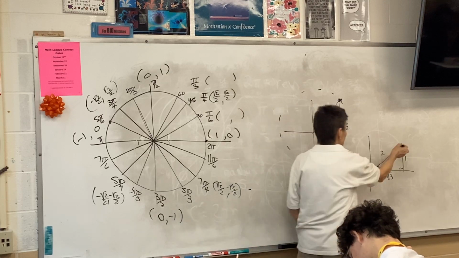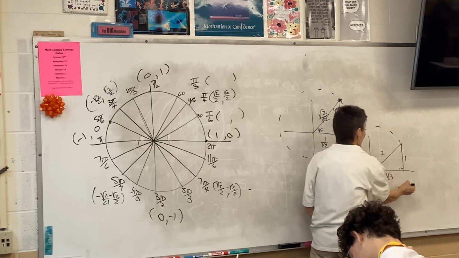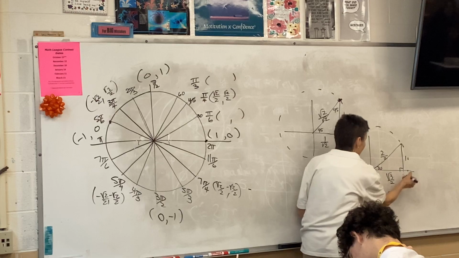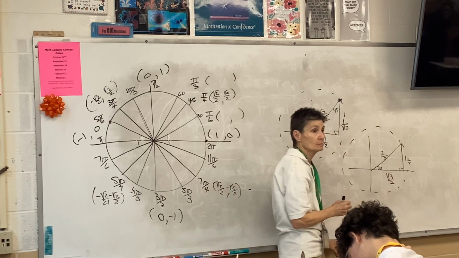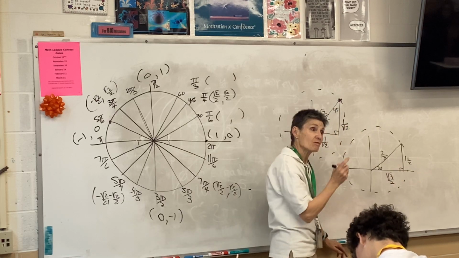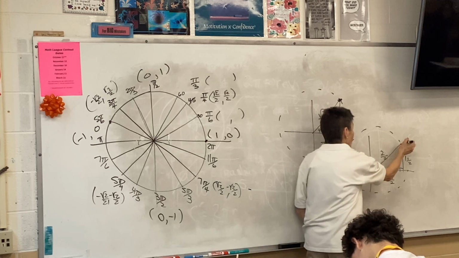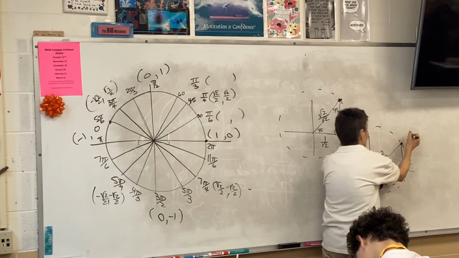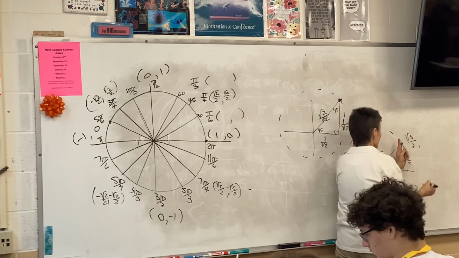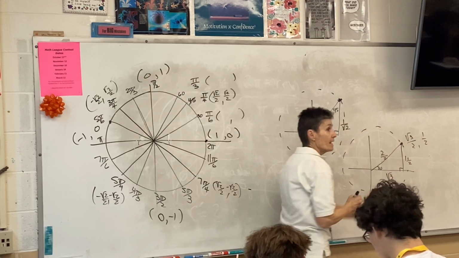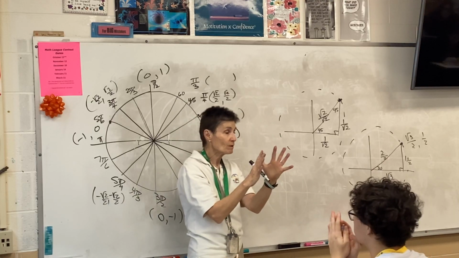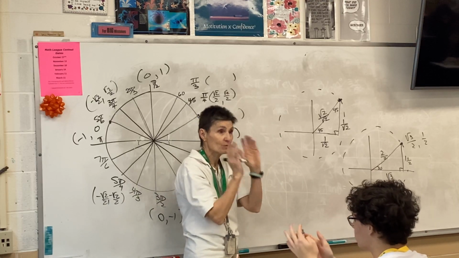All right, this is not a unit circle though, so I need to make it a unit circle. So this time I'll divide everything by 2. So for a 30-degree angle, what are the coordinates of the point? Root 3 over 2, comma, 1/2. Every 30, which is pi over 6, is going to have those coordinates with negatives put in.